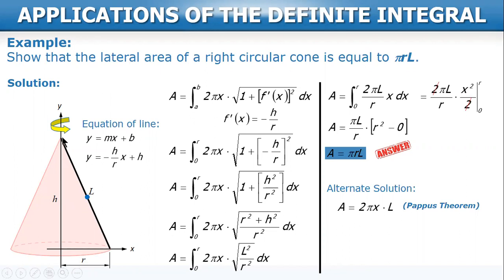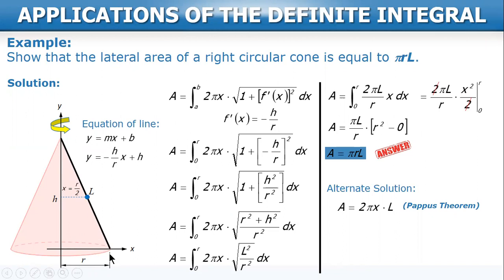Okay. So, considering this whole length L, here is the centroid. This x is the distance from the centroid going to the axis, the distance from the centroid to the y-axis. By ratio and proportion, since it is at the middle, and this is R, therefore it is R over 2. And for L, it is L over 2.